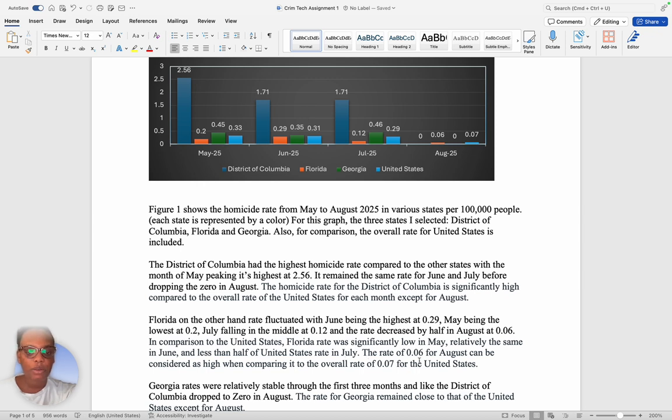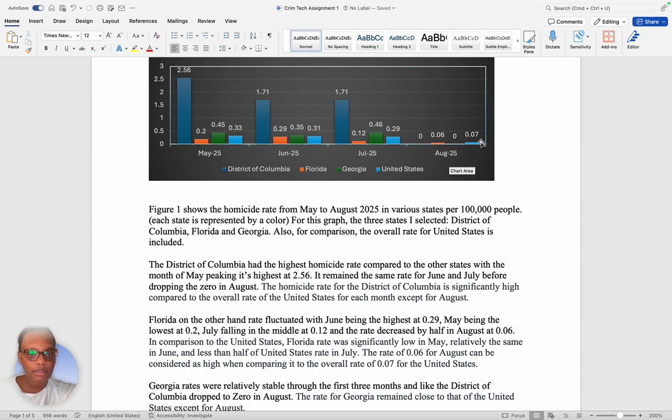The rate of 0.06 for August can be considered as high when comparing it to the overall rate of 0.07 in the United States. This is the overall rate for the United States, which is at 0.07, and this is just for Florida, and it's 0.06.